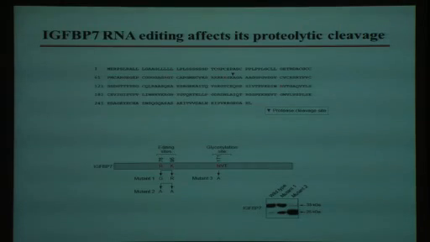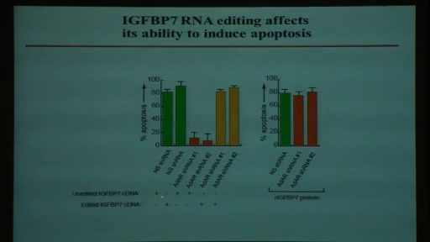To test that directly, we took unedited IGFBP7 cDNA and edited IGFBP7 cDNA, and transfected them into the SK-MEL-28 cell line that had either a non-silencing shRNA or two different shRNAs against ADAR. As you can see, the unedited protein in the presence of ADAR shRNA cannot induce apoptosis.